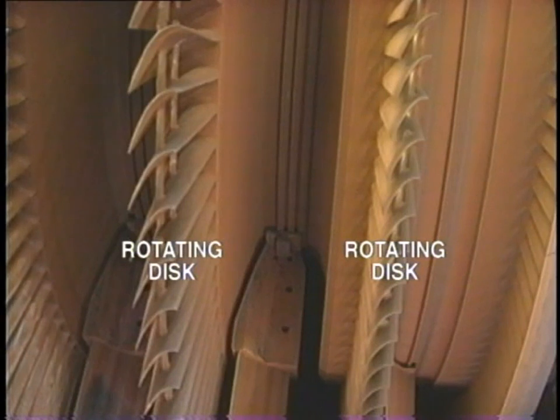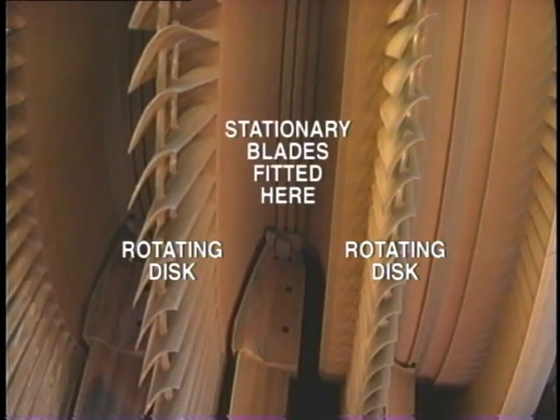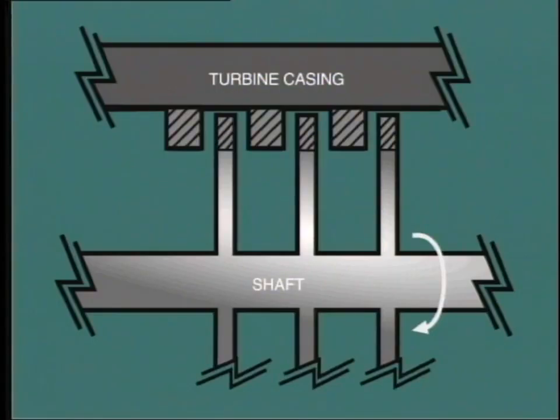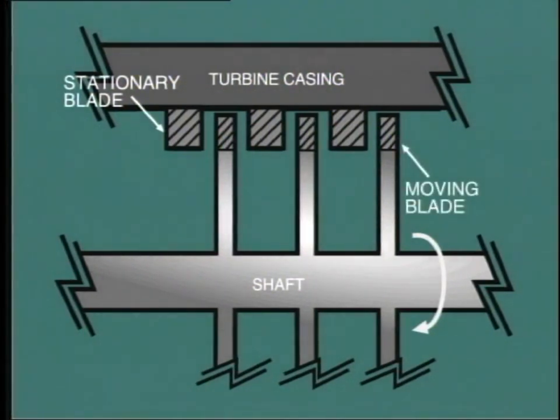Now remember that in between each disc and associated blades, we have to fit the stationary blades. Let's see how these are held in place. The first time we examine a turbine, we might imagine that these stationary blades could be fixed to the outer casing to line up with the moving blades, like this. But we do have a problem with this arrangement.